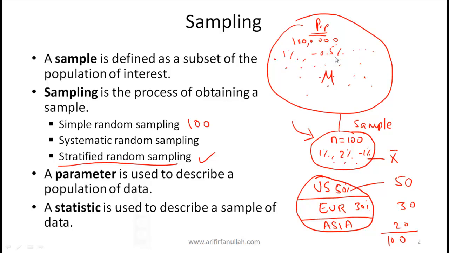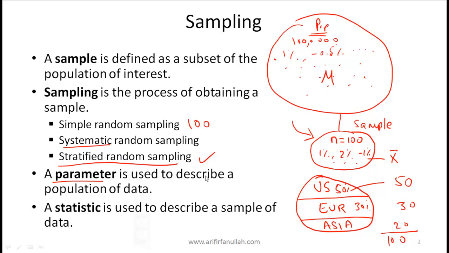So pick the first one, then the 10,000th one, and so on. So you ultimately have a sample of 100. So this is a bit like simple random sampling, but just done in a more systematic way. However, the issue will still remain that this has potentially the same issue as simple random sampling.